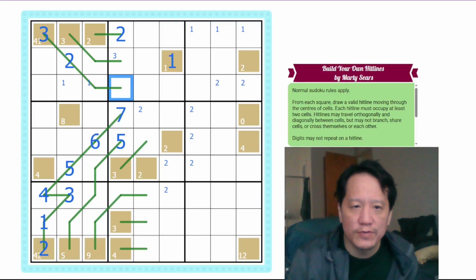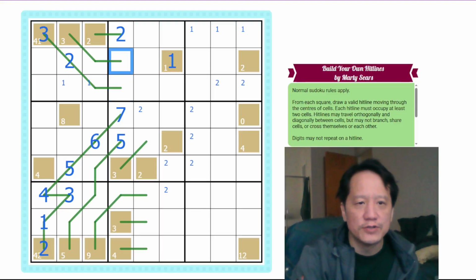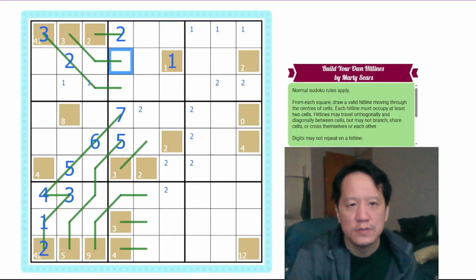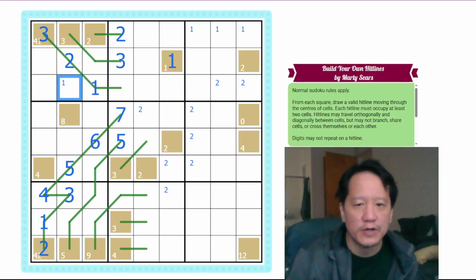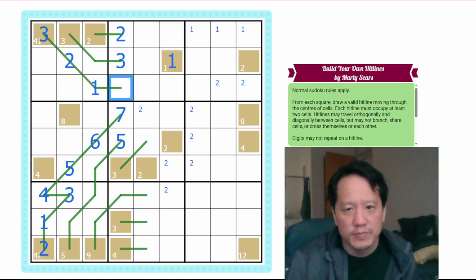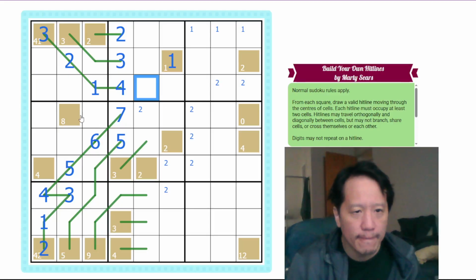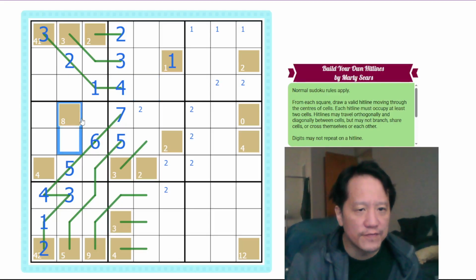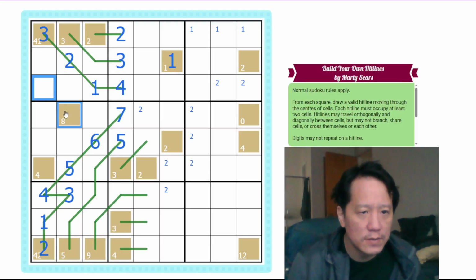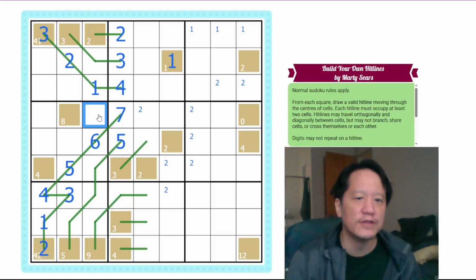Obviously, this can't be 3. This has to be 3 to match. This must be 1. So then this must match there, so it's 4. 3 and 5 have to match. You have to have the 3 there.